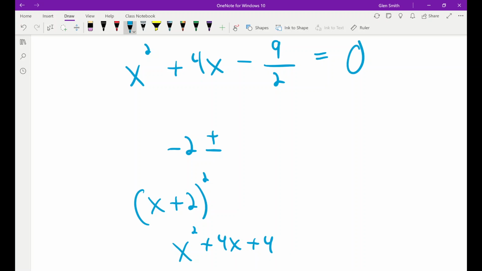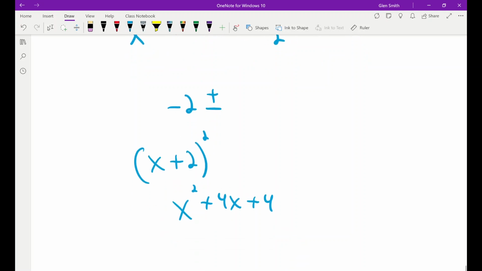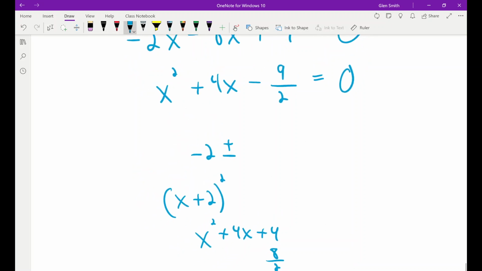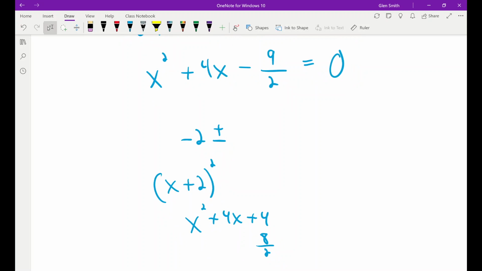But I don't want plus 4, I want minus 9 halves. So I need something here that's going to take that plus 4 and drag it down to negative 9 halves. But 4 is really 8 halves. So if I need to take that down to negative 9 halves, then I need to subtract off 17 halves. And that's what will be here, which means this is going to be the square root of 17 halves.